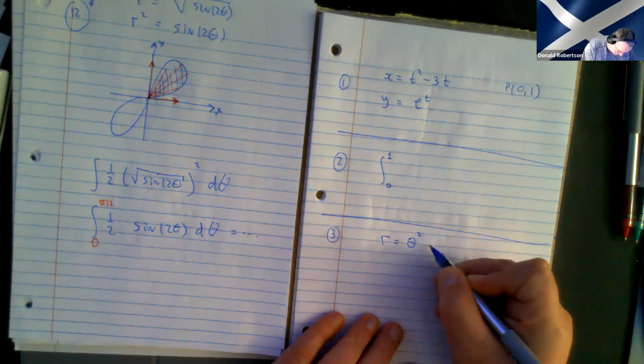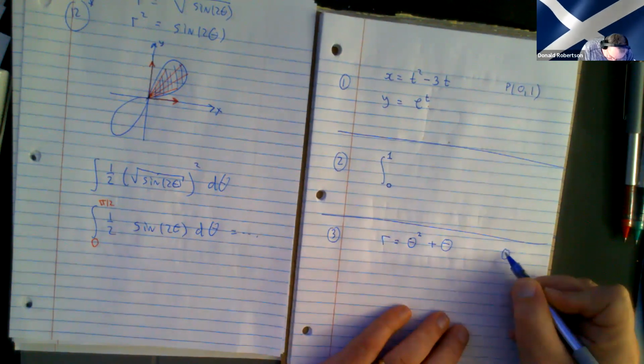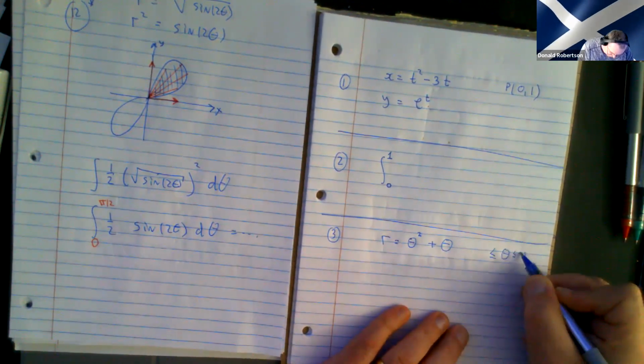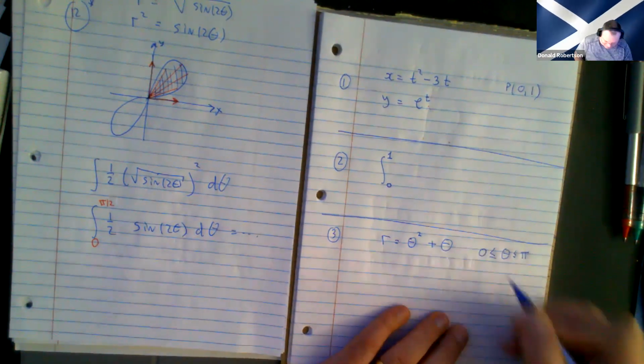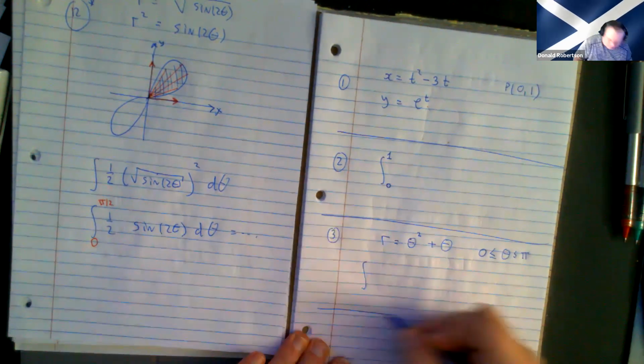Theta squared plus theta. I'm going to make life easy for you. And theta is going to go from 0 to pi. And I want you to find the integral.